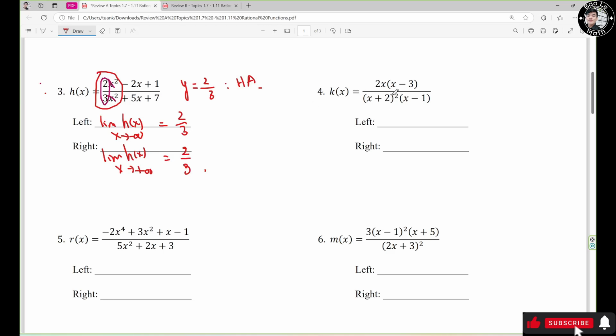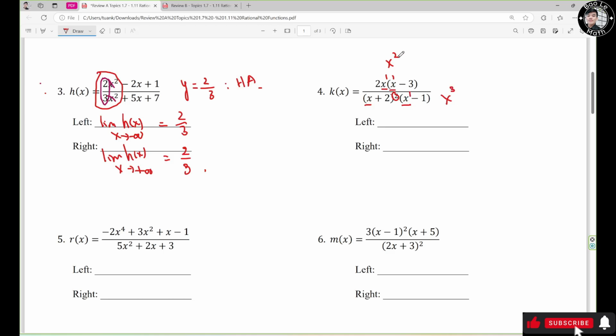Similarly, number 4 right here, you look at this one right here. Degree on the numerator is 2, right? This is power 1, this is power 1. So total is going to be power 2, right? Degree on the denominator, this is power 2, right? And this is power 1, right? So total is going to be s power 3, right?